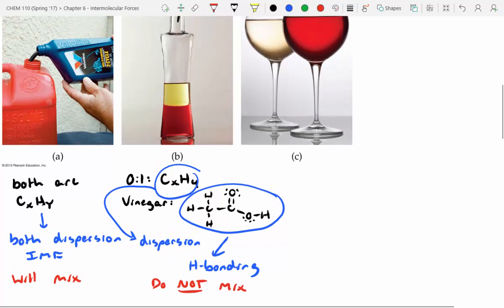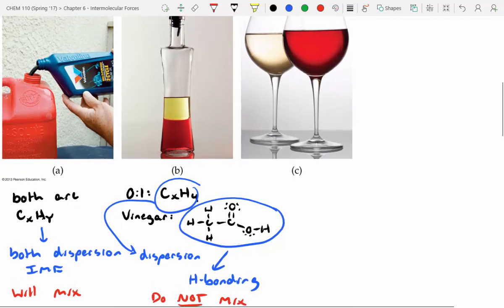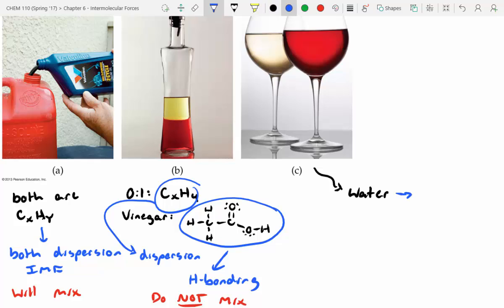All right, if we look at C over here, we've got glasses of wine. If we think about what wine's made up of, it's made up of two main components. It's made up of water. Typically wine's about, what, like 90% water? What's the main intermolecular force for water? H bonding. And then the other one that we get is ethanol. That's the alcohol that you drink.